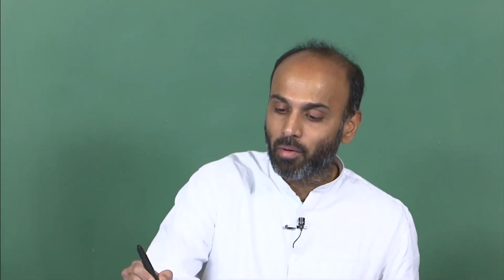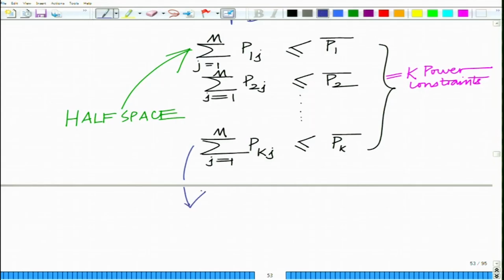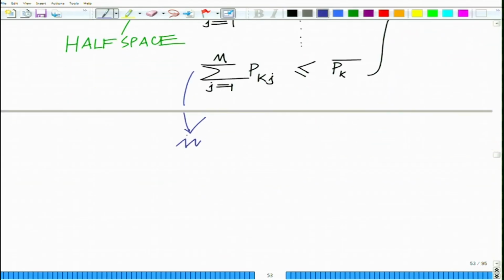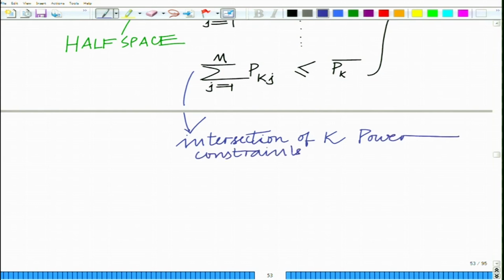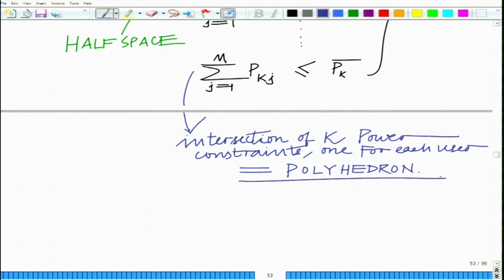So this also represents a polyhedron, the intersection of k power constraints, one for each base station, which is equal to a polyhedron.